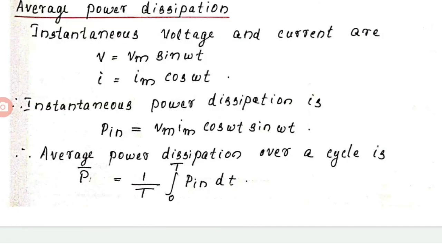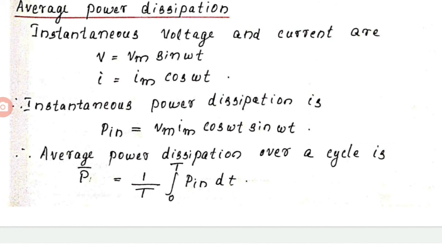Now we will obtain the average power dissipation in the circuit. We know instantaneous voltage and current are V = Vm sin ωt and I = Im cos ωt. Instantaneous power dissipation is P = Vm Im cos ωt sin ωt.